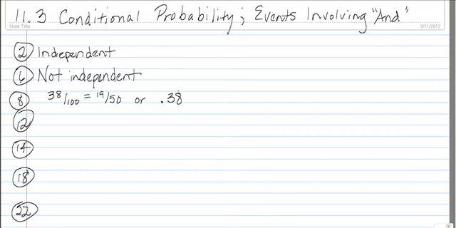Okay, number 12, motivated primarily by money or creativity, given that the student is female. So we have a conditional probability, and remember that we restrict our attention to the given portion. So that's going to tell us our denominator. Given that the student is female, how many females do we have in all?